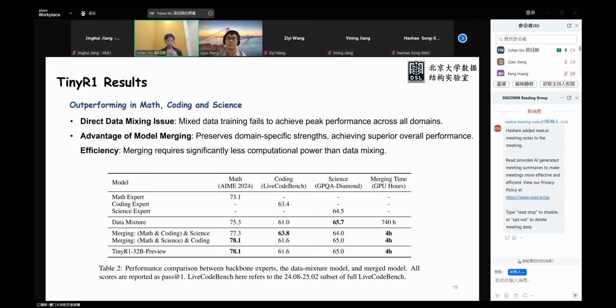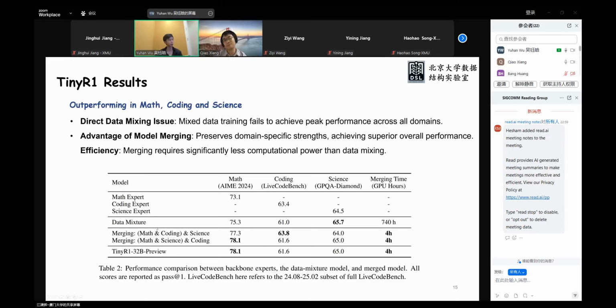But the model merging method can only merge 2 models. If you train 10 domain specific models, I think it will be a problem how you merge these models, in which sequence.